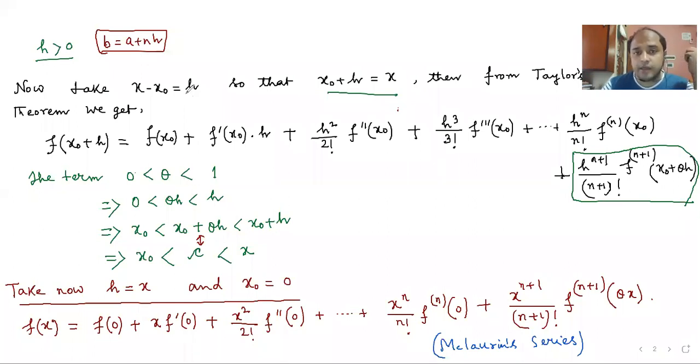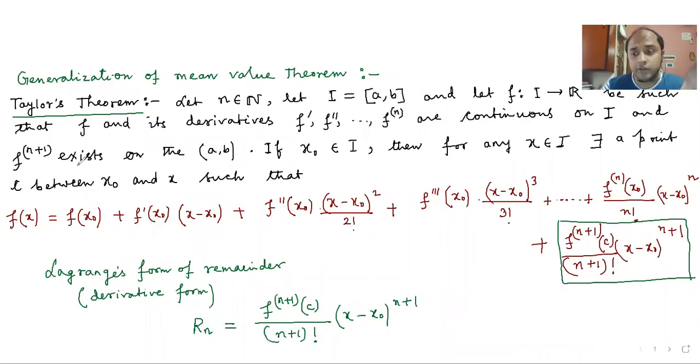So sometimes you may come across Taylor's theorem in other books, where they have not defined theta, they have not defined Taylor's theorem in this manner. Okay, so as I have written a point C over here, what is the form of C? How does the point C look like?